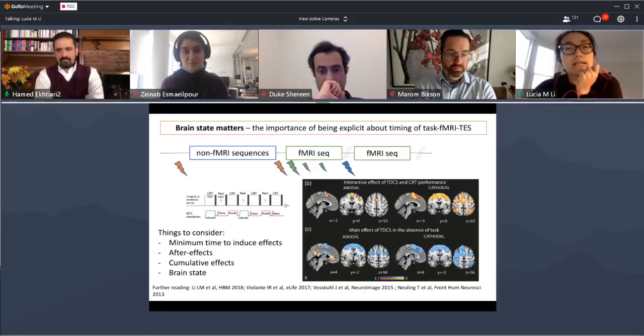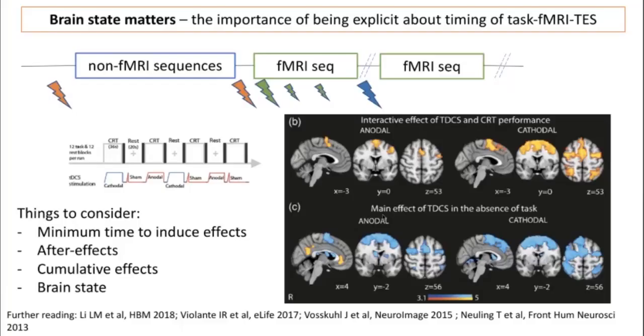When you think about planning our experiments, looking at the top bit of the slide, typically you bring your participant in, they go into the scanner, they have maybe a structural sequence, a localizer, that kind of thing, and then they have their fMRI, which might be one of several.